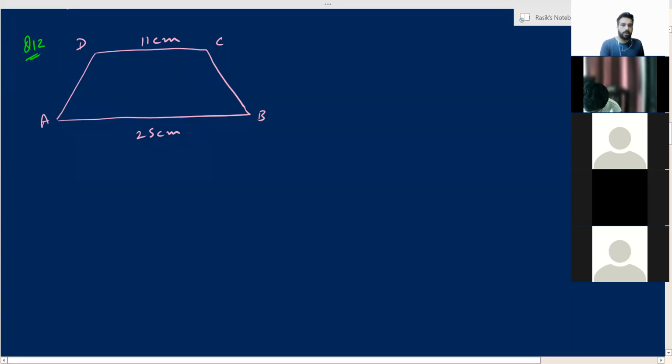One of the non-parallel sides is 15 centimeters and the other is 13 centimeters.